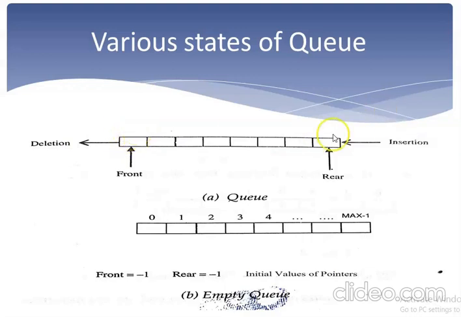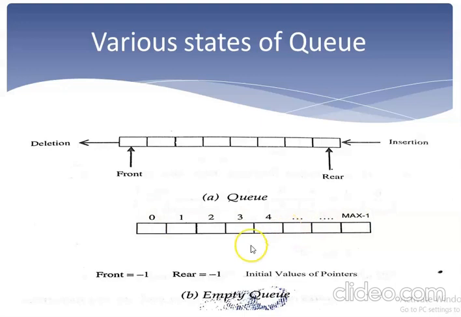If it is 1, this will be max. Since we usually start with 0, the maximum limit is max minus 1 if the size declared is max. So this is the indexed structure of a queue.